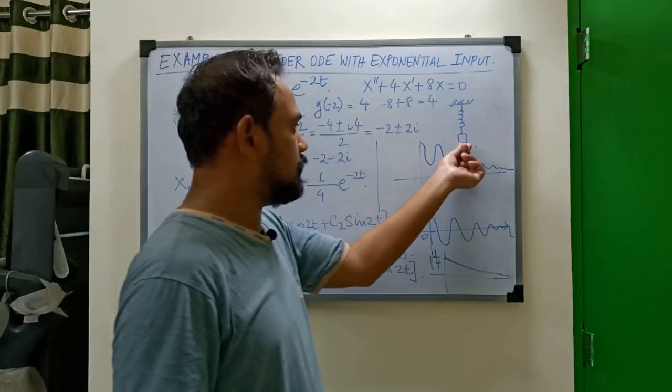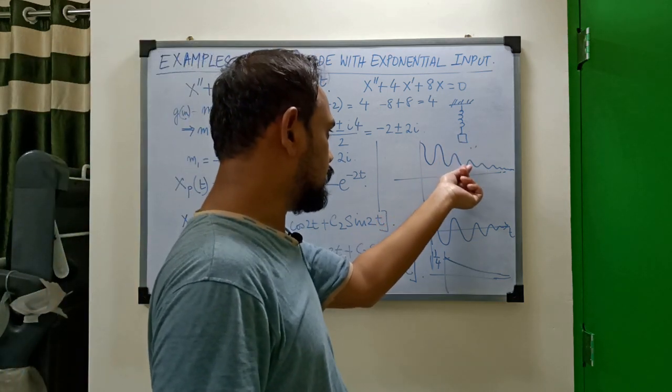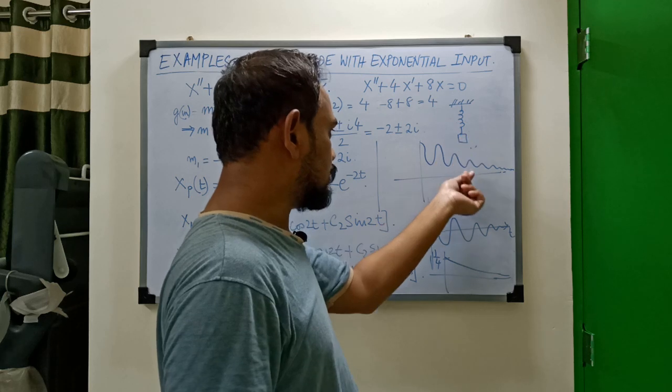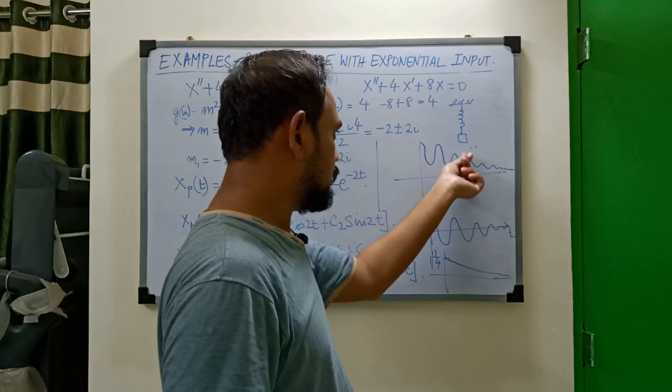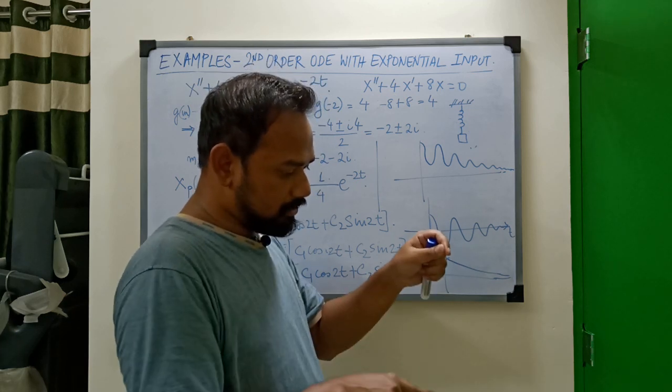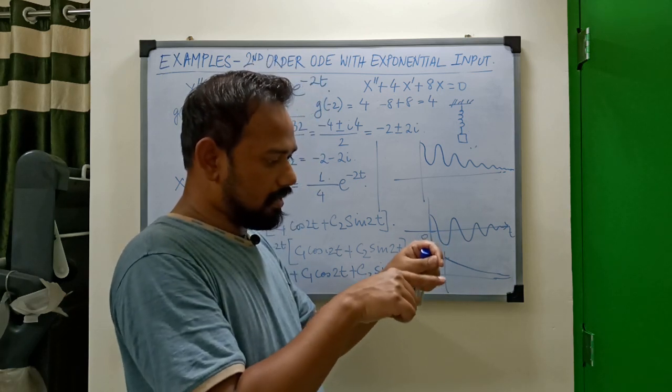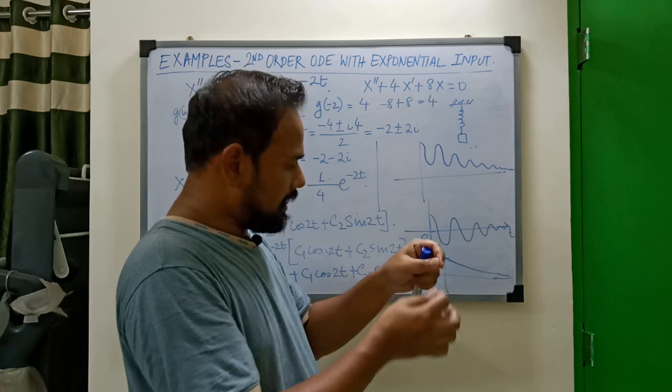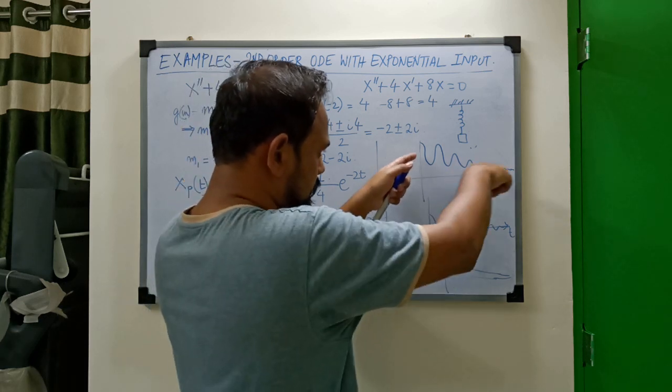That's the graph. So if you analyze the movement of this, if you give it an initial movement, it is going to oscillate, but the oscillation is going to come to a standstill in a manner that is depicted in the graph.